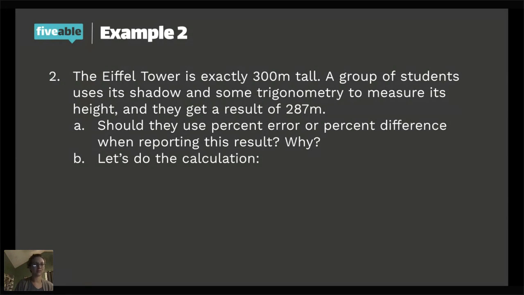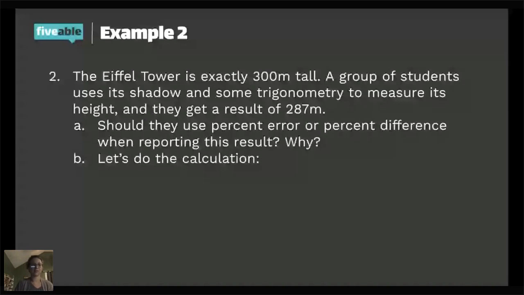We know how tall the Eiffel Tower actually is. So there is something that is objectively correct for us to compare our data to, or for those students to compare their measurement to. And so in this case, percent error is the right choice because you have an accepted value to compare it to.